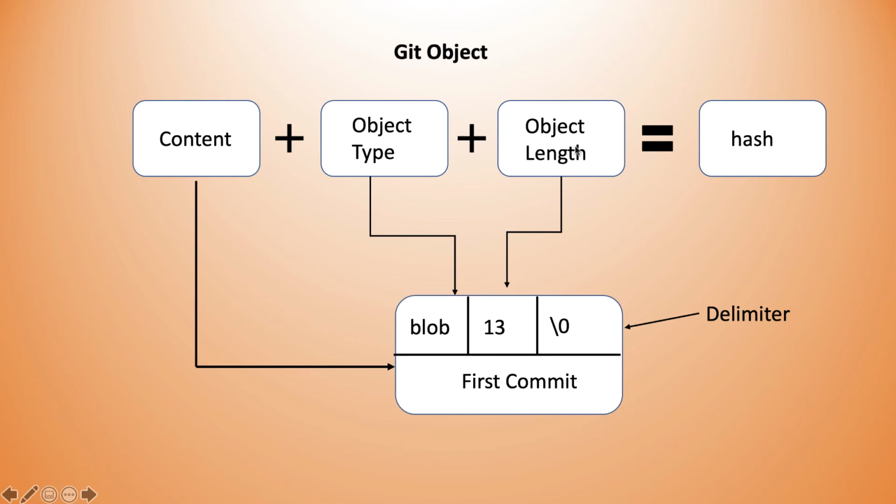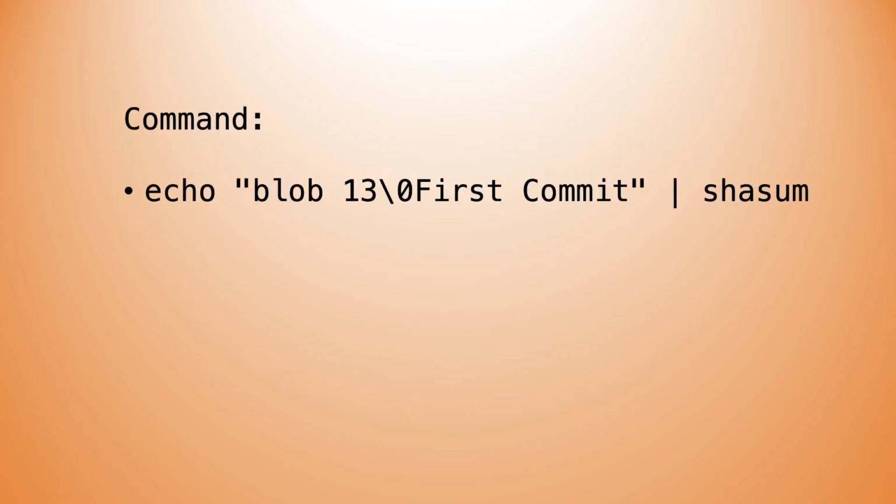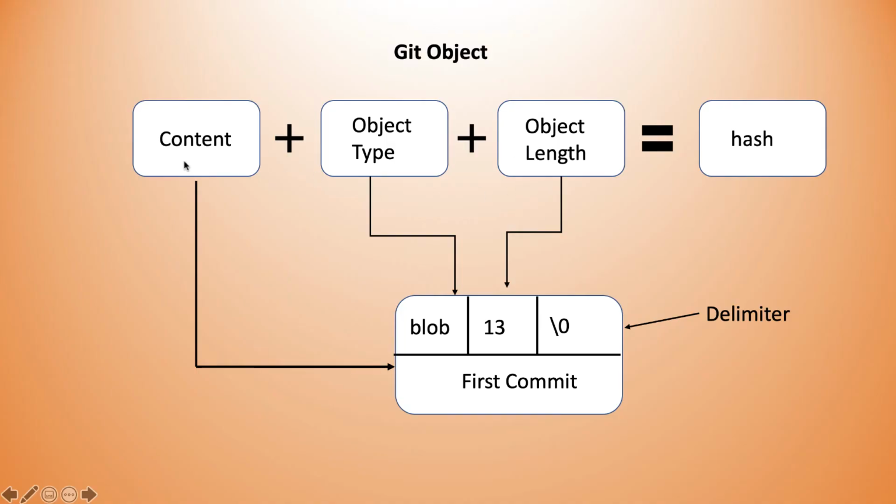For generating this kind of hash, which is similar to the git object, using shasum, we'll use the command echo. Then we'll type the object type, that is blob, the object length followed by a delimiter, and then the content, and then we'll provide shasum, which is similar to the one shown in this diagram. So let's try this.